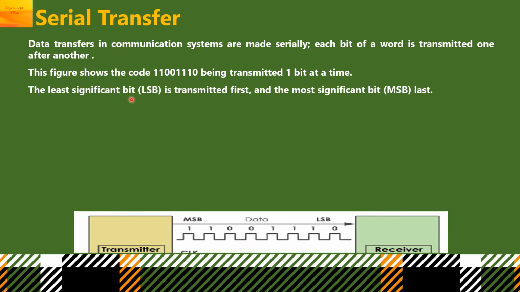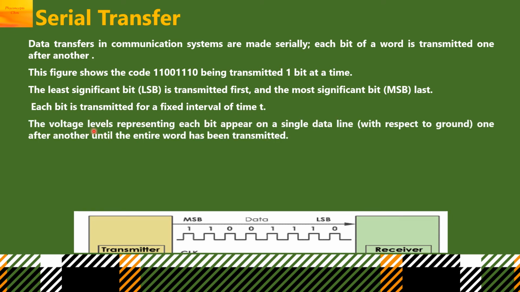The least significant bit, that is the LSB, is transmitted first, and the most significant bit, that is the MSB, the last. Each bit is transmitted for a fixed interval of time t. The voltage levels representing each bit appear on a single data line, that is with respect to the ground, one after another until the entire word has been transmitted.